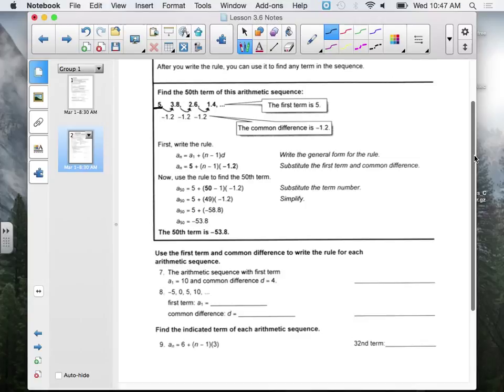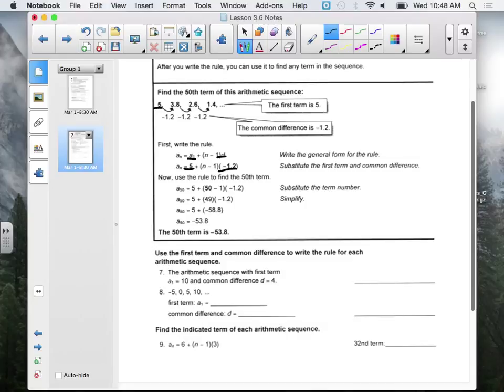So for this first one, a sub 1 is right there, and we found it was 5, right? So all we do is substitute that in for 5, for a sub 1. And then the same thing goes for d. d is right there, and we found that the common difference was -1.2, so we just substituted in right there.